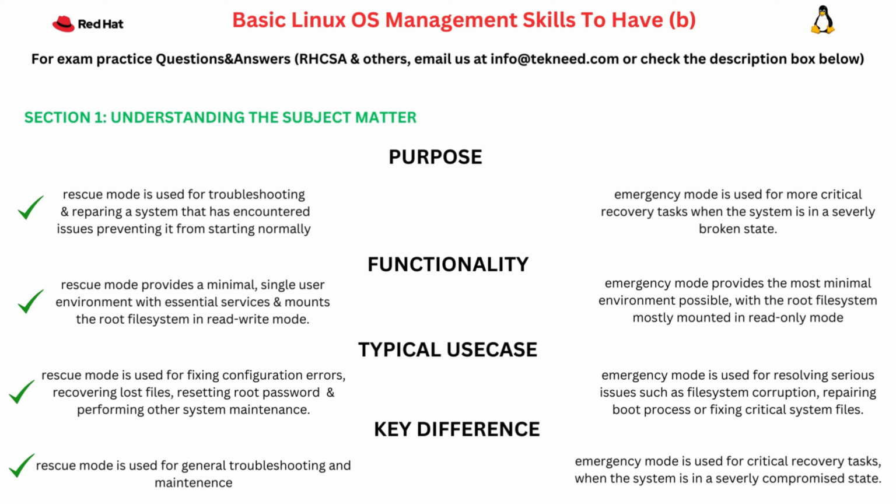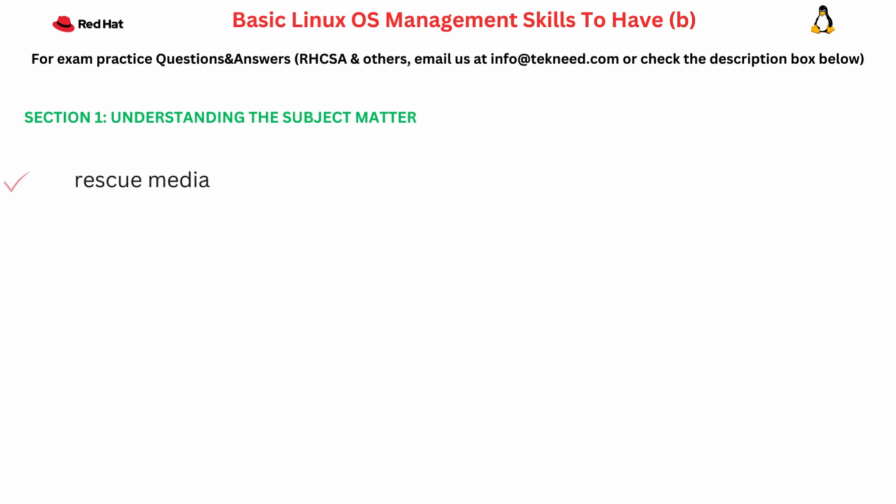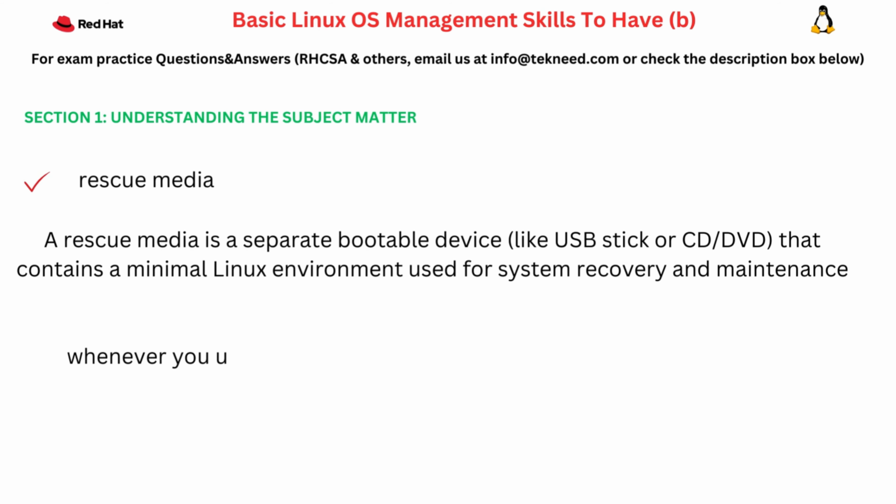There's another important thing you should know, because there are situations whereby you will not be able to boot your system into rescue mode or emergency mode when your system is broken. And when you are in that situation, the only way to recover your system is to use a rescue media. So a rescue media is a separate bootable device.